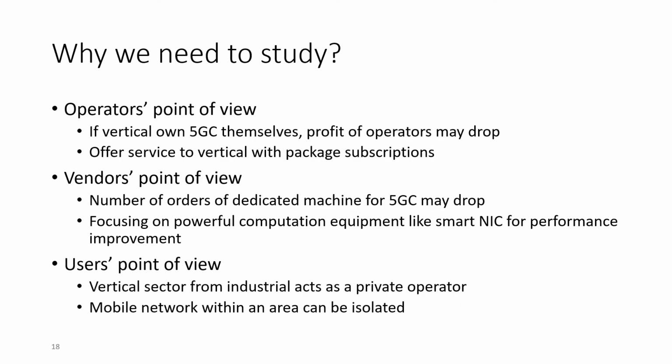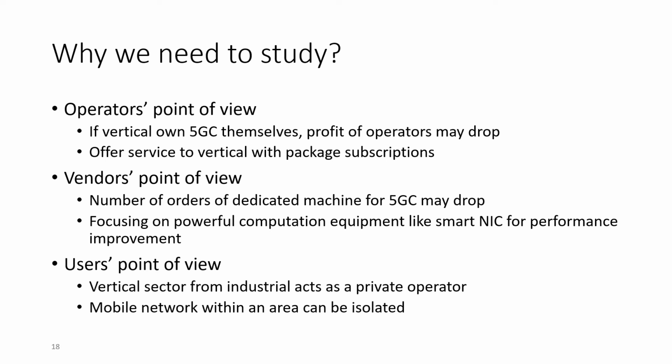Because the 5G core network becoming software might affect the industry, like operators and also vendors. If the user is an enterprise, they can take some benefit from that. From the operators' point of view, if verticals own the 5G core themselves, the profit of an operator might drop.